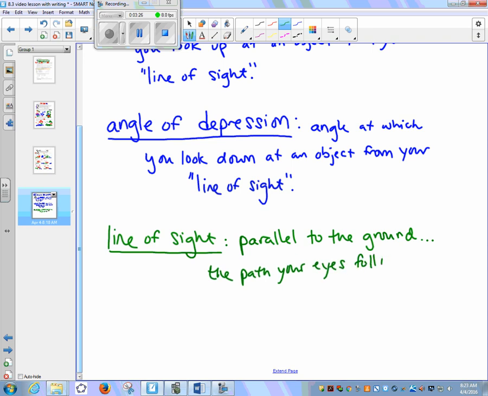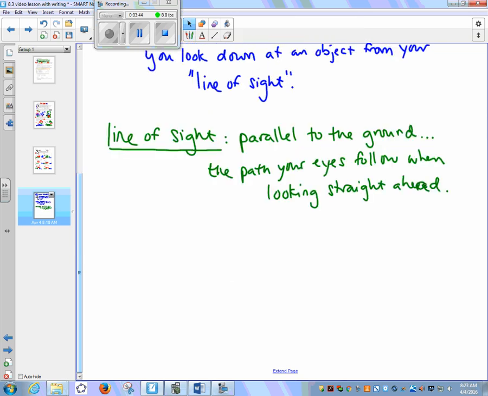It's basically the path your eyes follow when looking straight ahead. Okay, so I'm going to illustrate this a little bit for you.